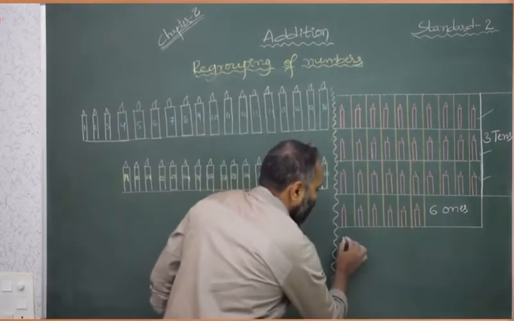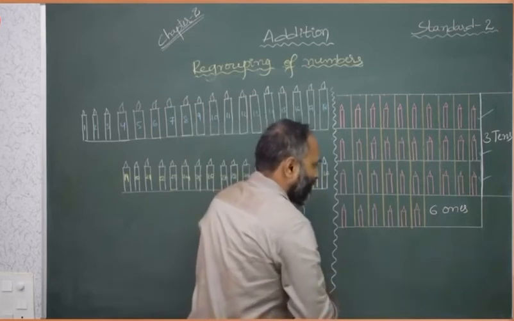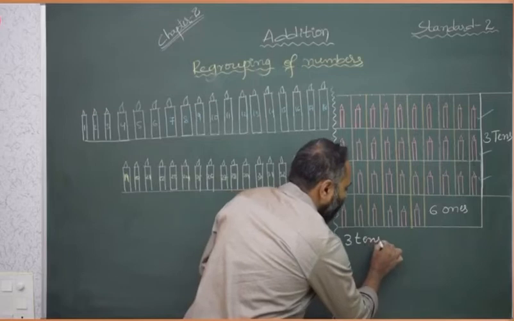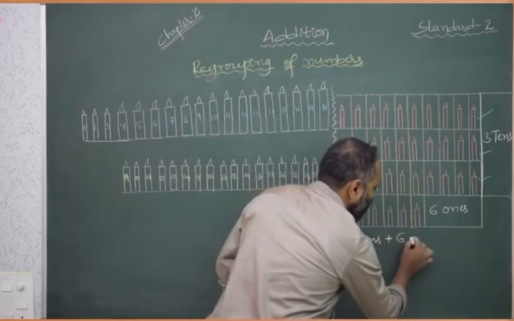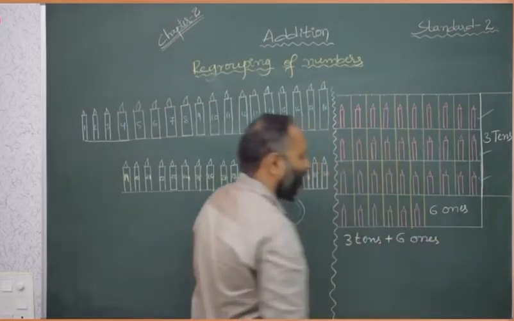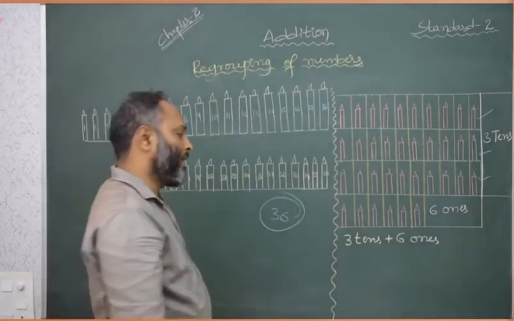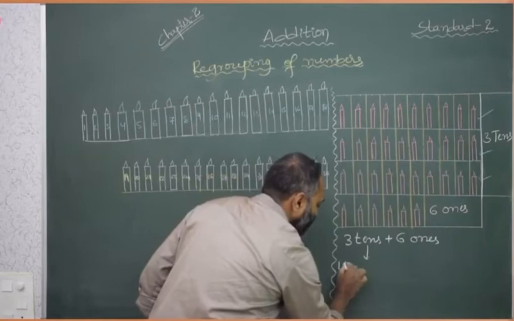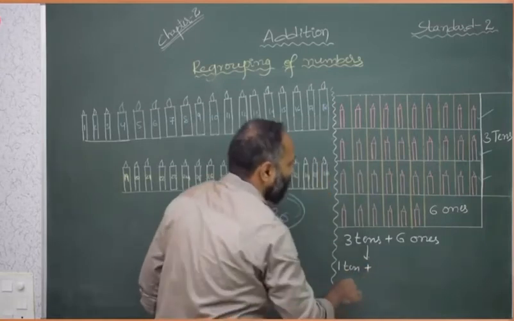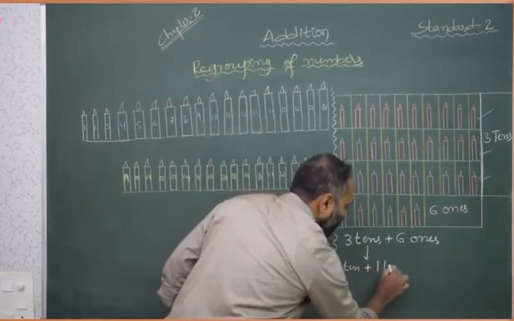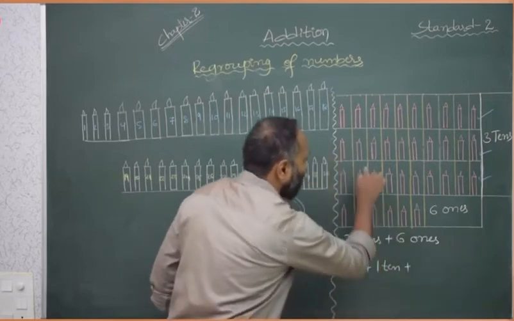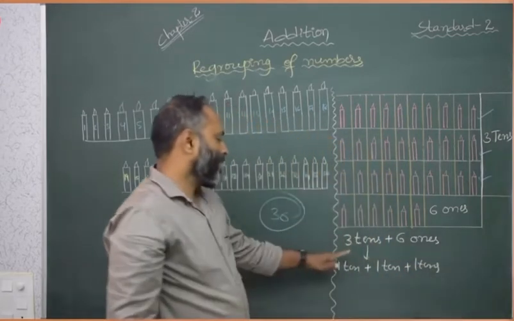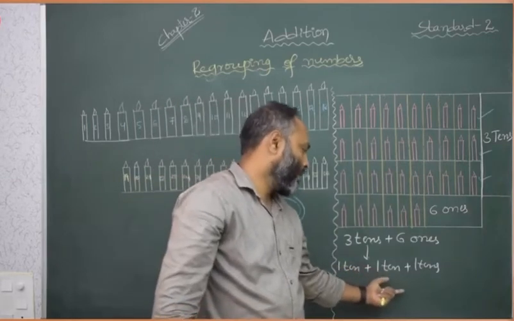Then what about these 3 tens? 3 tens plus 6 ones. 3 tens means how it is: this is 1 ten, plus 1 more ten, plus 1 more ten. 3 tens means 10 plus 10 plus 10.